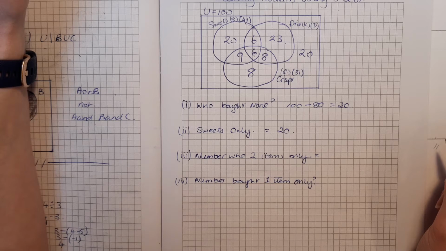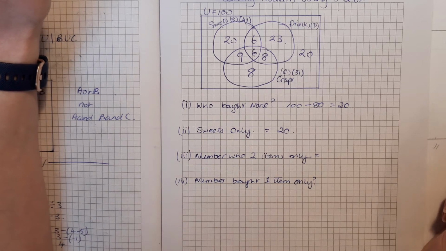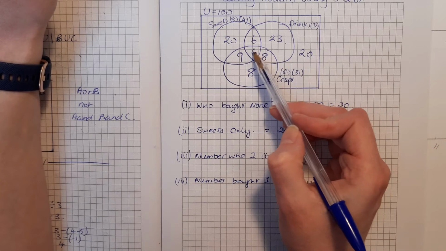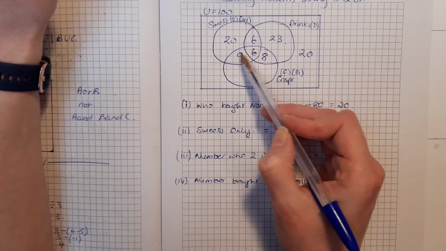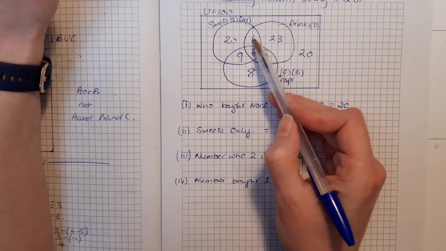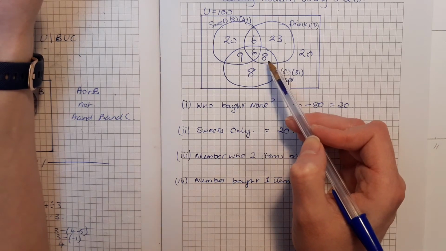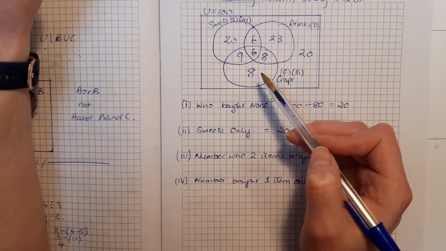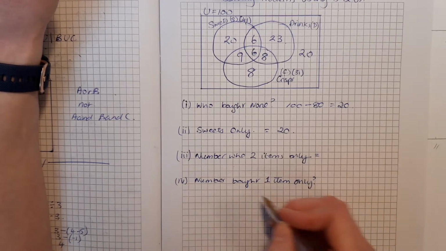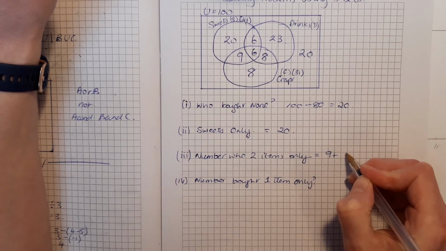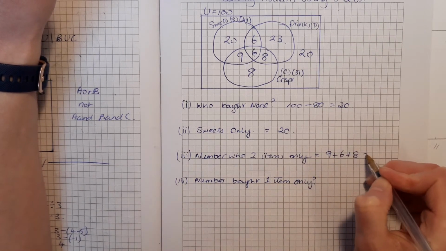Next, number of students who bought 2 items only. So we have to make sure that we don't include 3 items. So this 9 people bought sweets and crisps, 6 people bought sweets and drinks, and 8 people bought drinks and crisps. So we're just adding up those numbers together. So it is 9 plus 6 plus 8, which is 23.